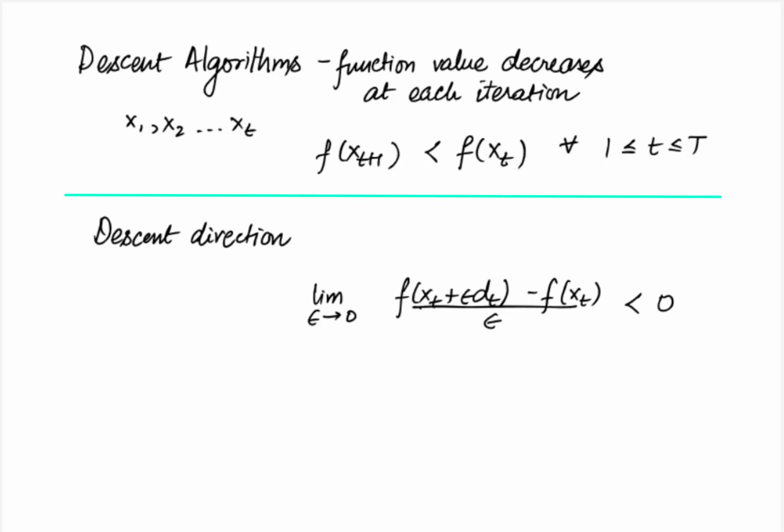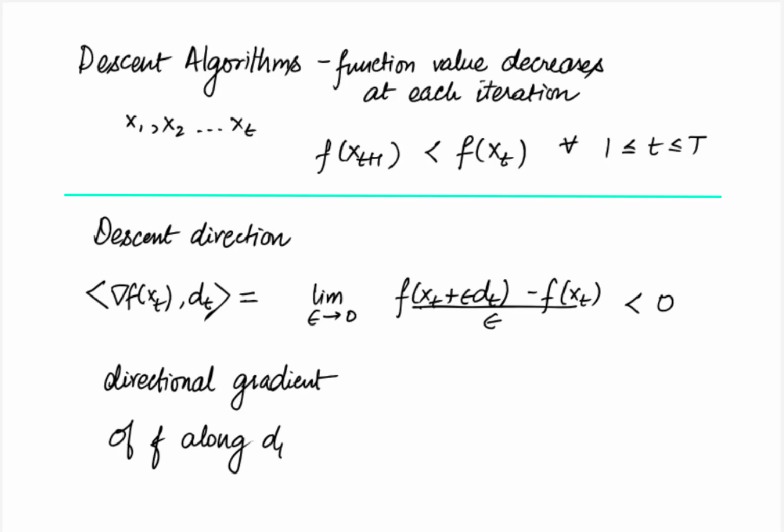Now what is the quantity on the left? If you recall your first year calculus, you would remember that this is given by inner product of gradient f of xt comma dt, which is nothing but the directional gradient of f along dt. So in other words, the descent direction is one that makes the function value decrease, and from calculus we can see that it is also the one that makes an obtuse angle with the gradient.